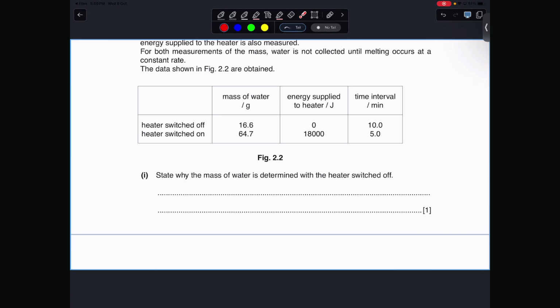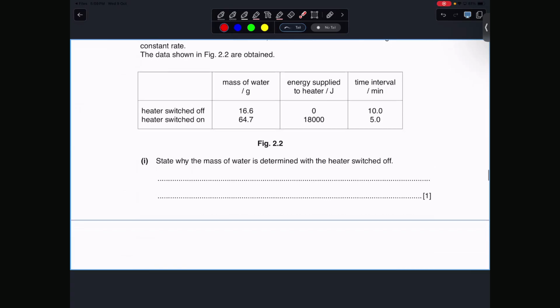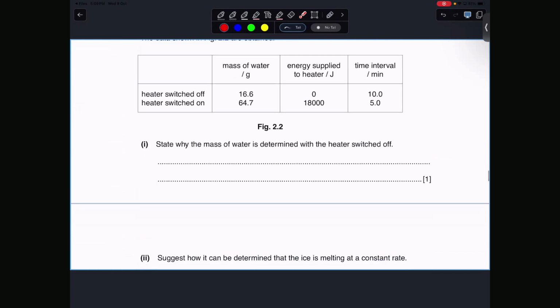Yeah, right. It says to make allowance for heat gain from the atmosphere. So the word was atmosphere that you need to write. Did you understand what this is?